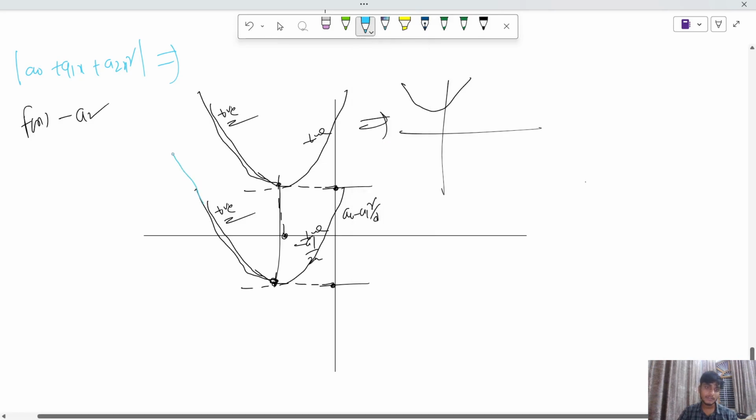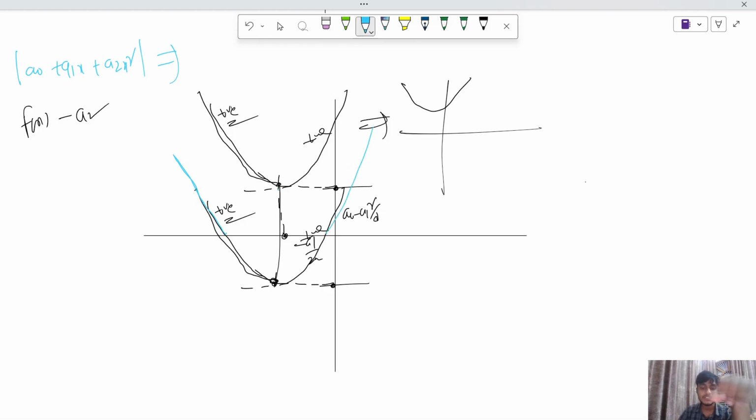This is how it will make things easier, and this is very, very important if you come to integrations. There is a concept called area under the curve. I have seen a lot of people struggling to make modulus of a naught plus a1x plus a2x square. They are seeing this as cost, which is very, very simple if you understand, look at it in a different way. So this is positive, this is positive, and simple.